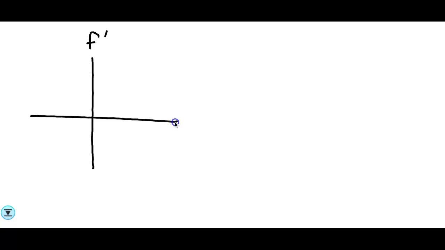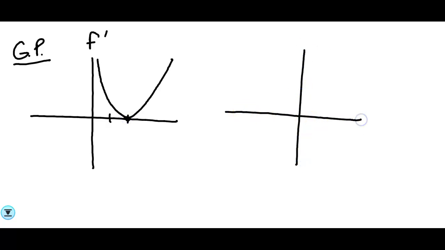Are we doing another one, or is this example 4? We have a lot. But is this example 4? This would be, let's call it, a guided practice. All right, this one's different. This is f prime once again, and I want you guys to sketch a graph of f.